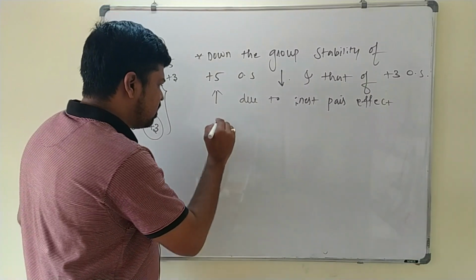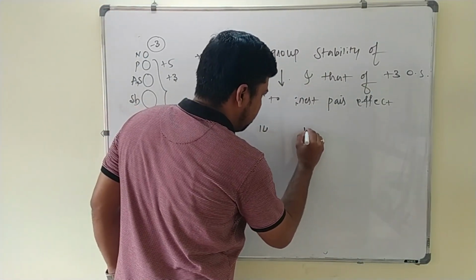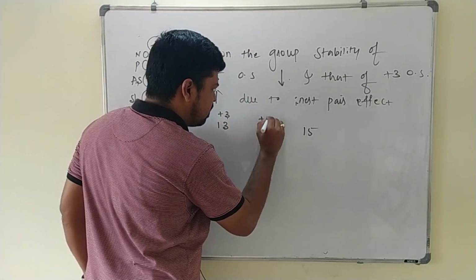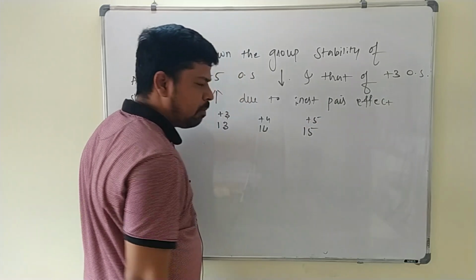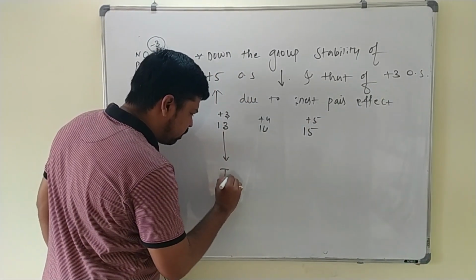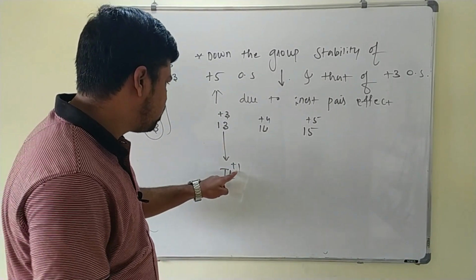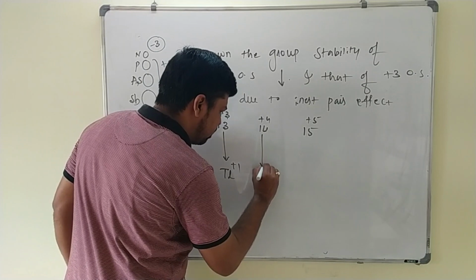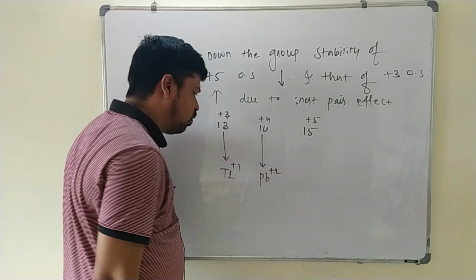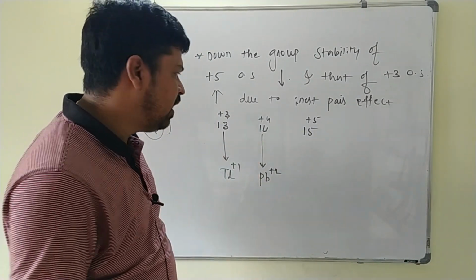Okay, always keep in mind this inert pair effect is more pronounced in groups 13, 14 and 15. Suppose I write group 13, group 14 and group 15: the group oxidation state is +3, +4 and +5. In group 13, the last element thallium will not show +3 oxidation state, instead it will show +1 oxidation state. In group 14, the last element lead will not show +4 oxidation state, only +2 oxidation state, again due to inert pair effect only.